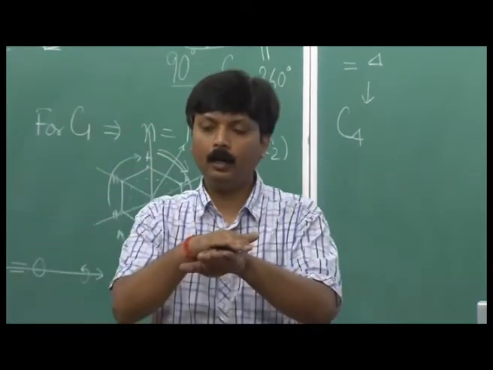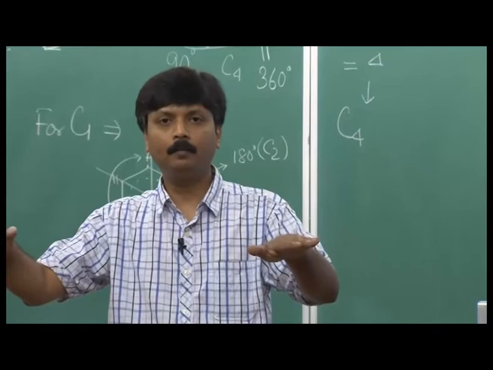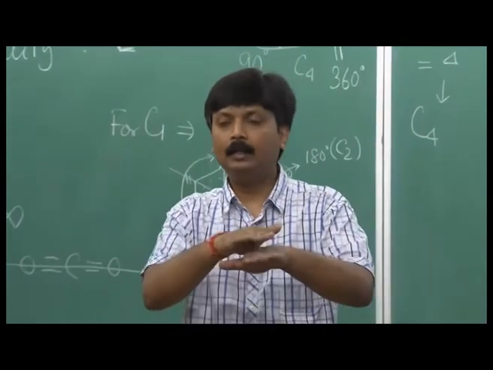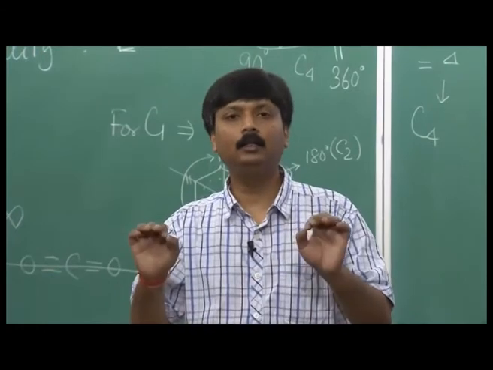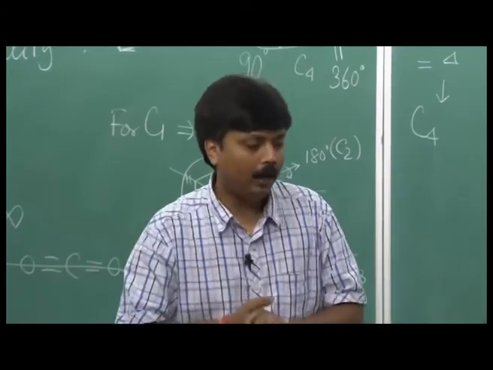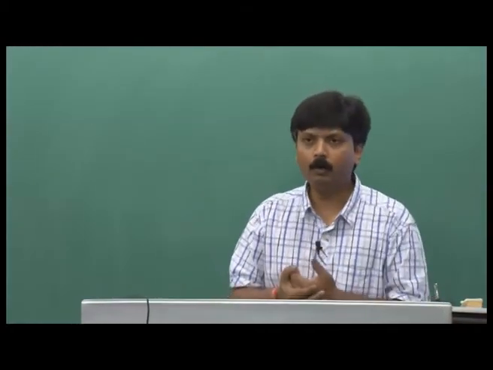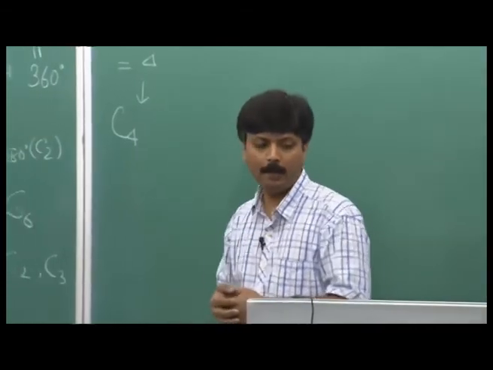So, you are doing a reflection about a plane and you are getting an indistinguishable structure, and this plane is a symmetry plane, and this symmetry operation is called plane of symmetry, or also sometimes called reflection operation.